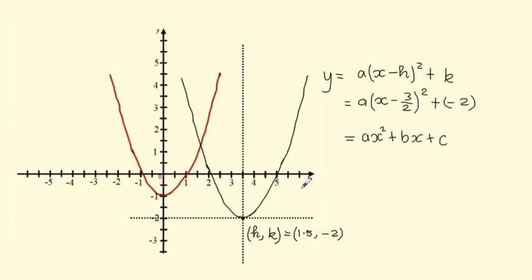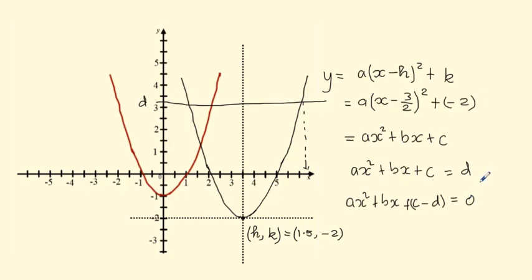So for this parabola, let's take some level here, which we can call level d, and we wonder at what value of x that level is going to be reached by the graph of the parabola. It's simple: we set up an equation, and when we multiply this out and subtract d on both sides, we've got a quadratic equation.